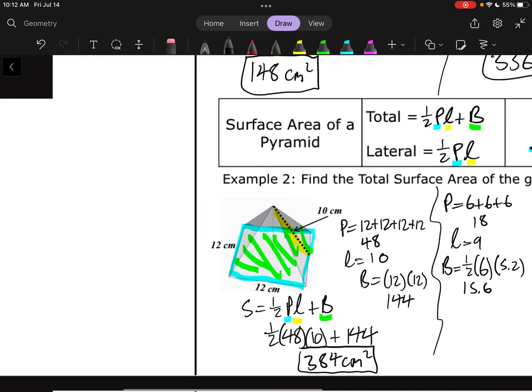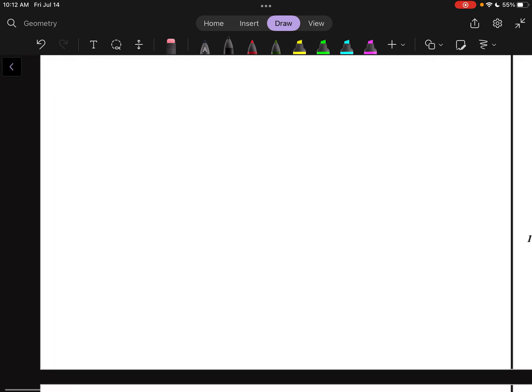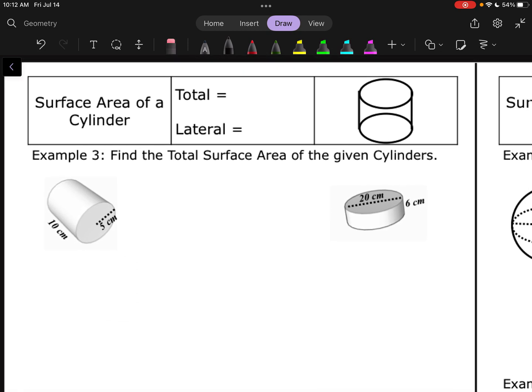Okay, so let's go to the inside here. Our next set of shapes are going to be some cylinders. Cylinders have some fun formulas. For the total surface area of a cylinder, you've got 2 pi rh plus 2 pi r squared. And for the lateral formula, it's only going to be that 2 pi rh part.